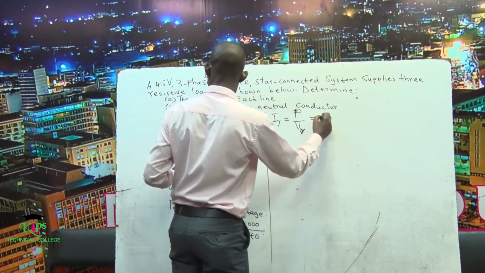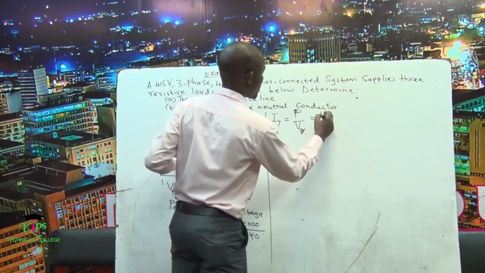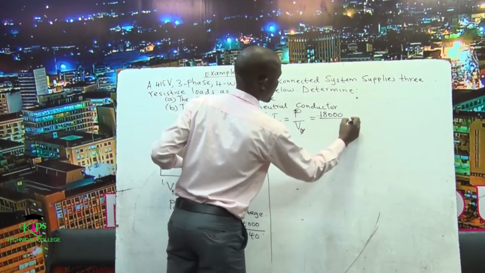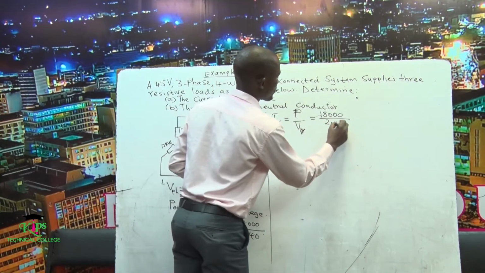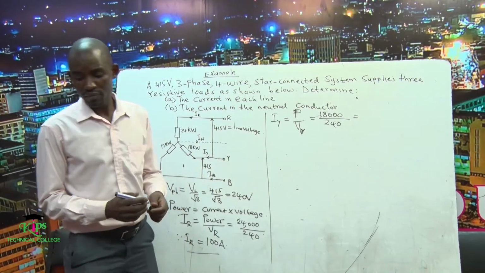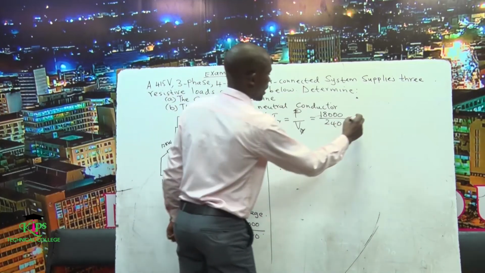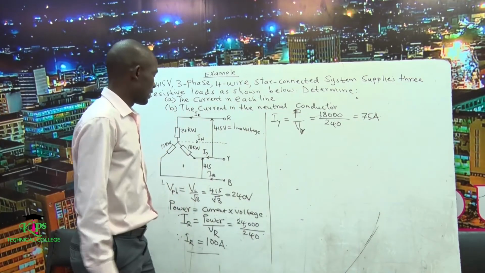The power here is 18 kilowatts, which gives 18,000, divided by the voltage, the same 240 volts. If you divide that, you will get 75 amperes. You will get 75 amperes if you use your calculator.